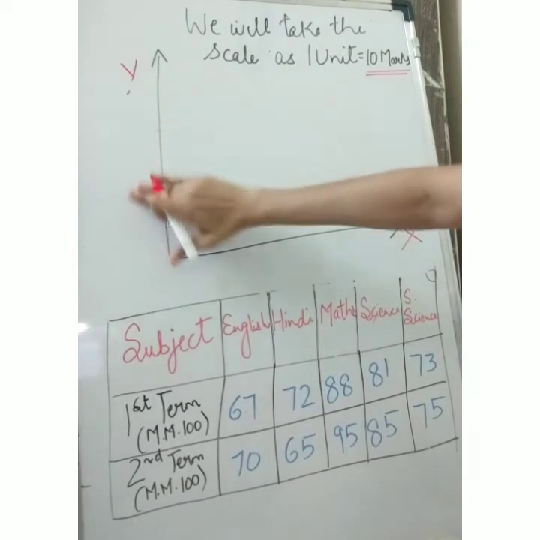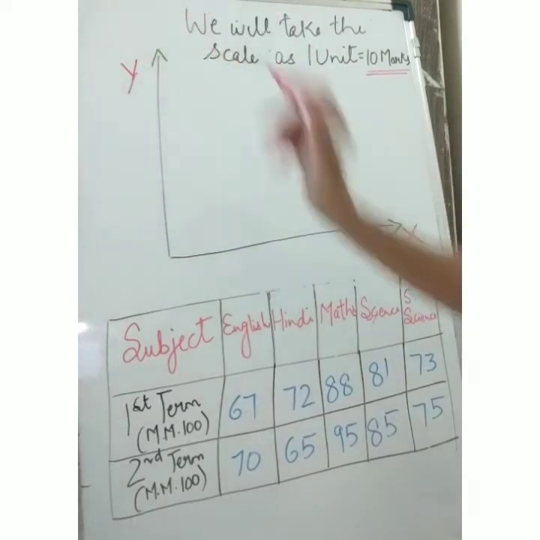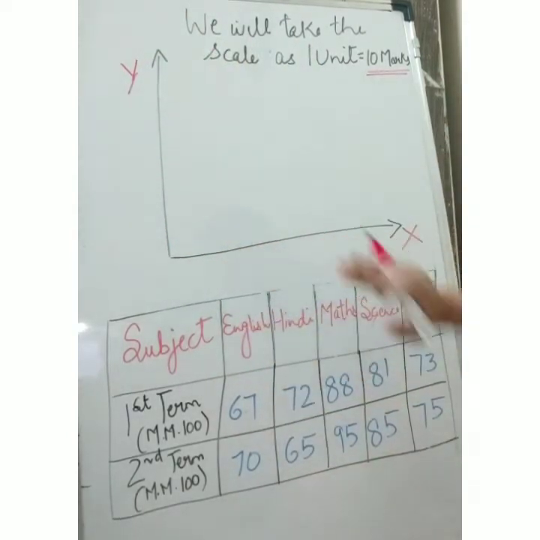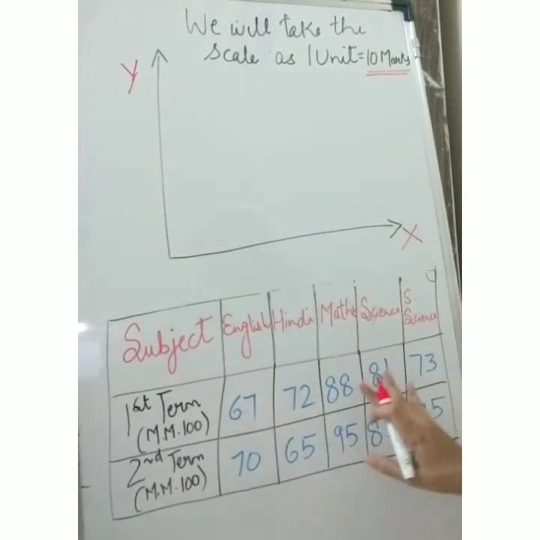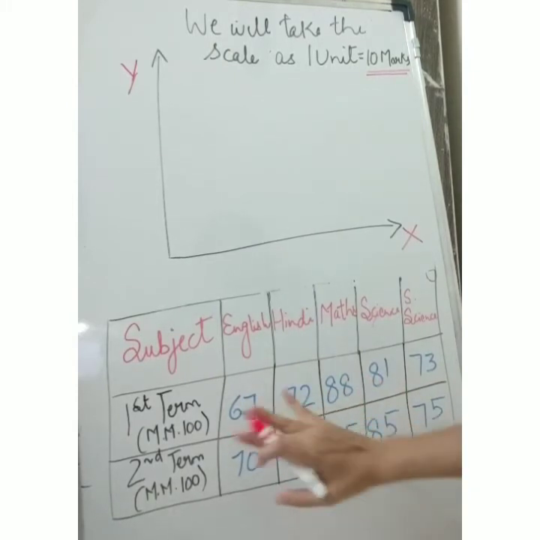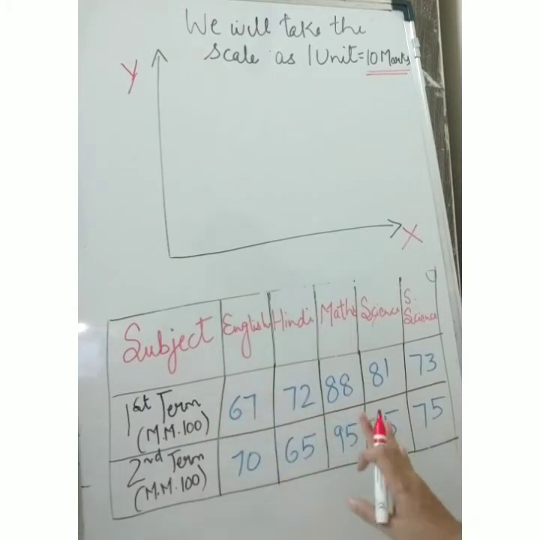So marks will go on the y-axis and subjects I will put on the x-axis. When you see this video, open your book and see the subjects, because now I am rubbing this part to use the full space.